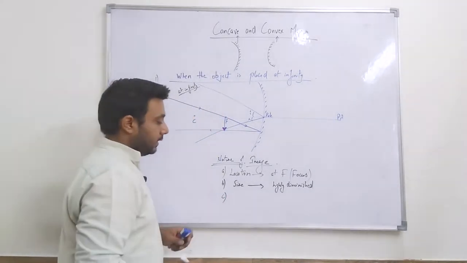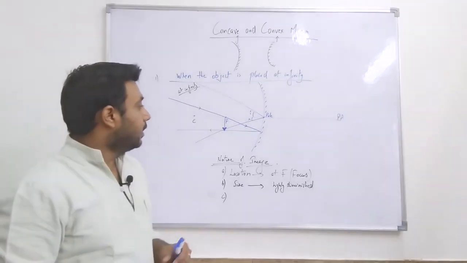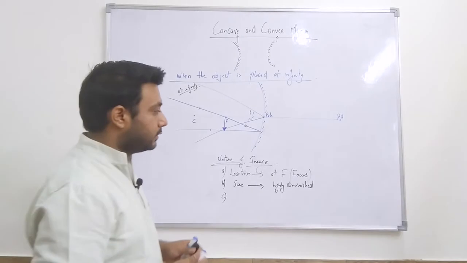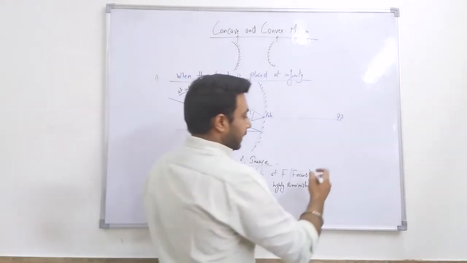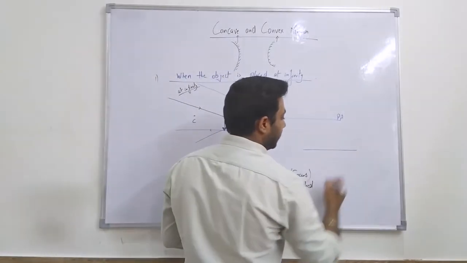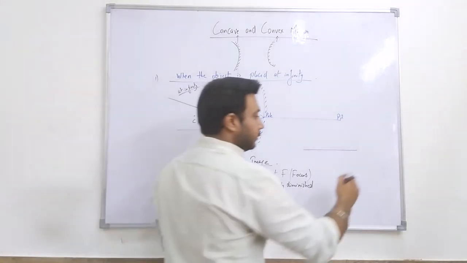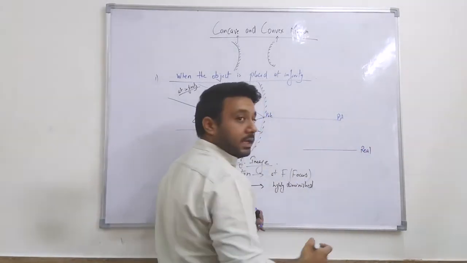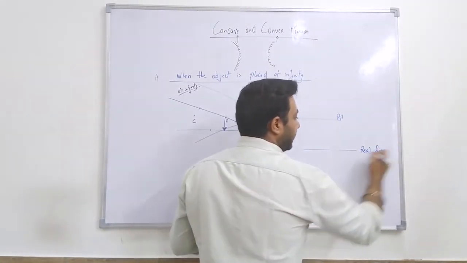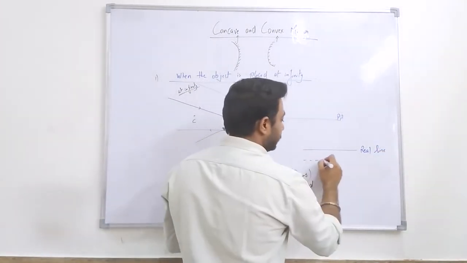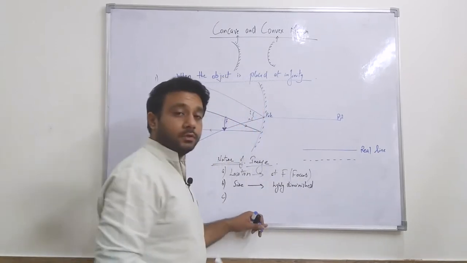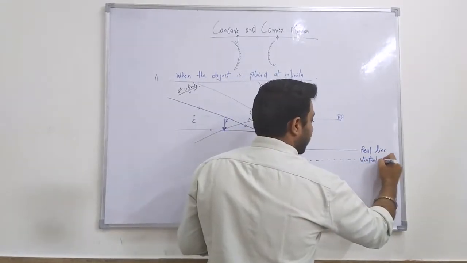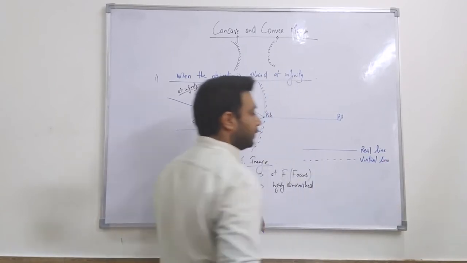Highly diminished image is formed. Okay. See, observation 3. I want to tell you something: if this is a line we use in the formation of image, it is a real line. But if we use a dotted line, then it is a virtual line.